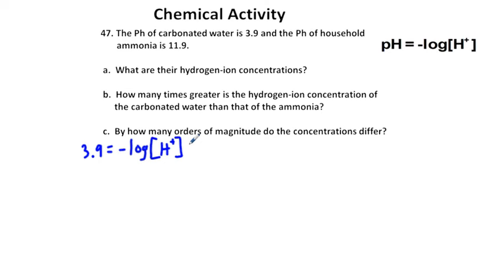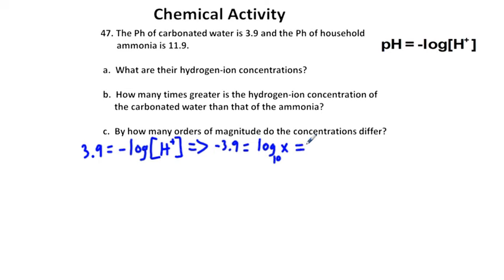And so we can go ahead and divide by negative 1. So if we have negative 3.9 is equal to the log, and I'm going to go ahead for abbreviation's sake, make this hydrogen concentration X, and that's going to be log base 10.